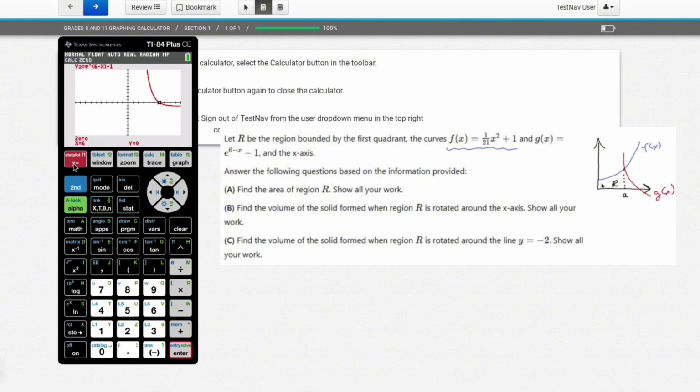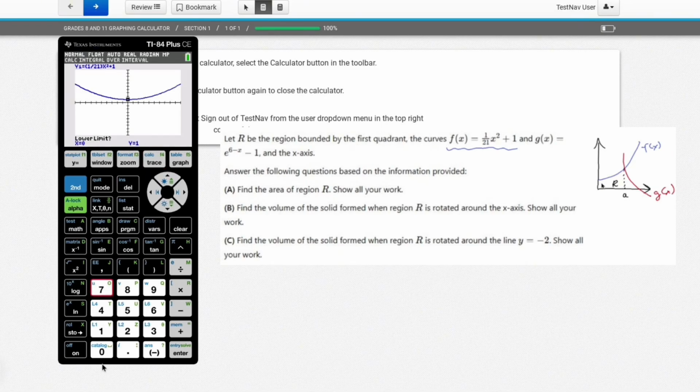So now using that A as 4.861 and that 6 as B, we can do what we set out to do. So Y sub 1 is going to be my f of x. Let's focus on that, and so we'll highlight the equal sign for just that. Okay? So let's graph so we can see just the blue line. Hooray. Now if I want to integrate this between 0 and 4.861, I'm going to hit second, trace, which takes me to calc, and there's my integral function.